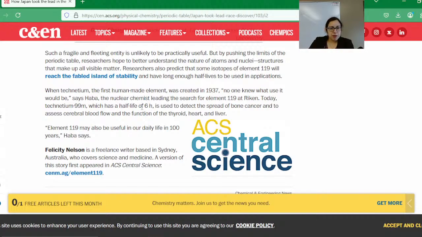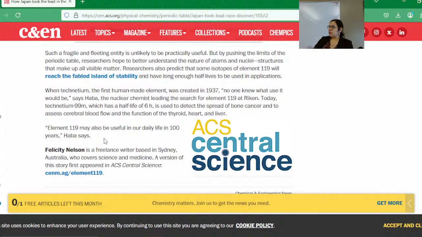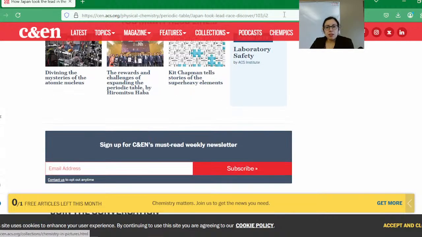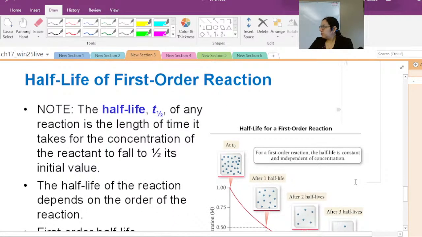Apparently it can be used to detect bone cancer, which is kind of interesting. That's the hope too with these new synthetic elements, that even though the half-life will be short, maybe they'll be useful to do something. Maybe I can post a link to that if people are interested. Okay, I'll post that.